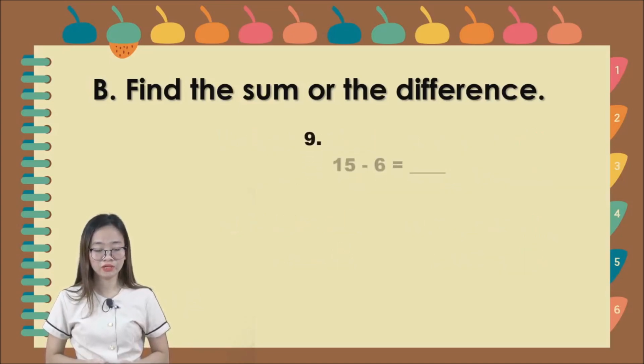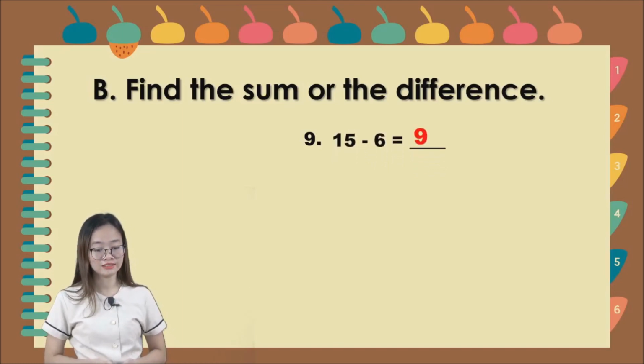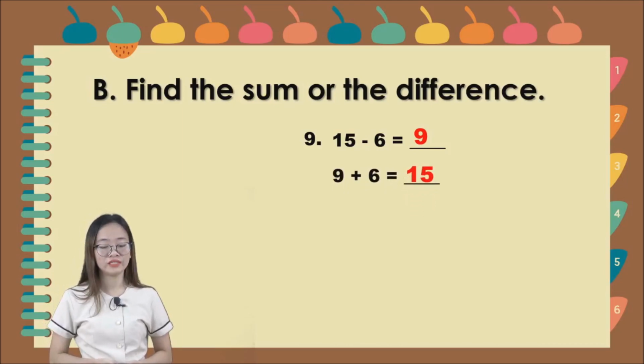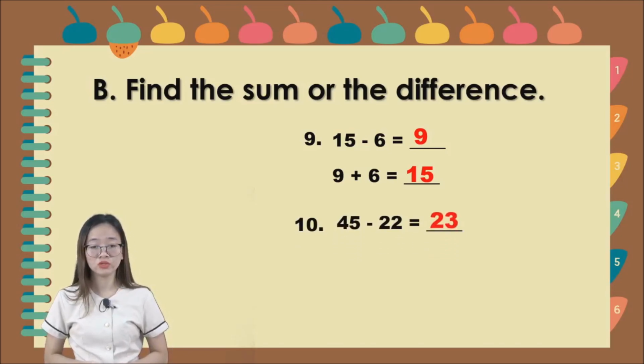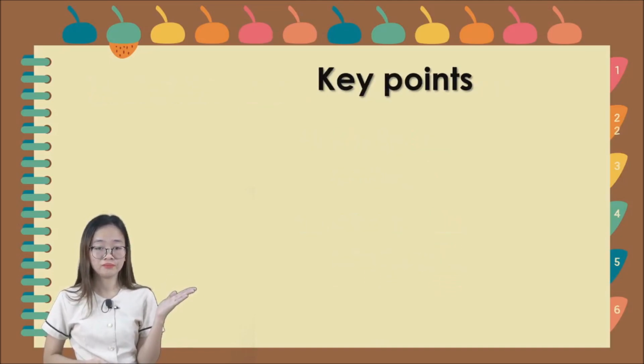Okay, number 9, we have 15 minus 6 is equal to 9. And 9 plus 6 is equal to 15. Next, number 10, we have 45 minus 22 is equal to 23. And 23 plus 22 is equal to 45.